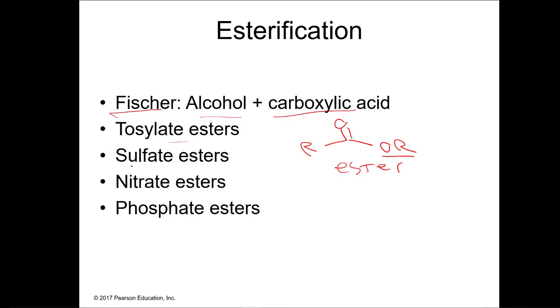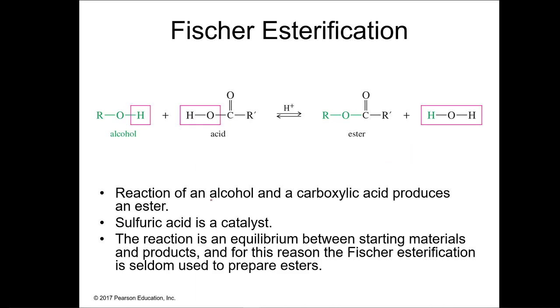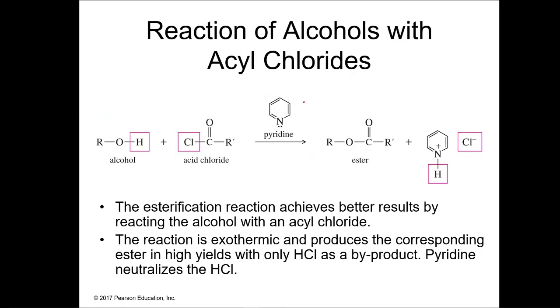You have tosylate esters, sulfate esters, nitrate esters, and phosphate esters. So Fischer esterification is basically as simple as you have an alcohol and you have a carboxylic acid and you slap them together. Okay, you use sulfuric acid as a catalyst, but the reaction is an equilibrium reaction, meaning it's going back and forth.